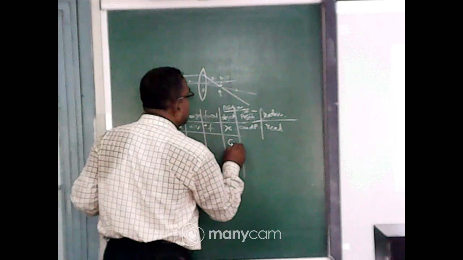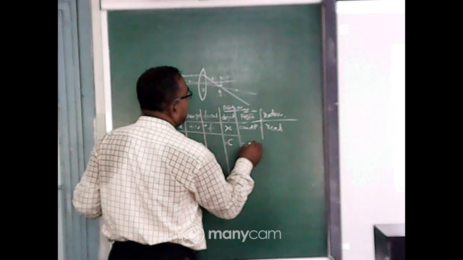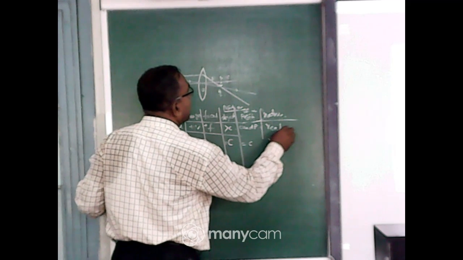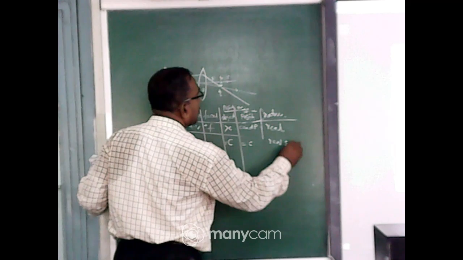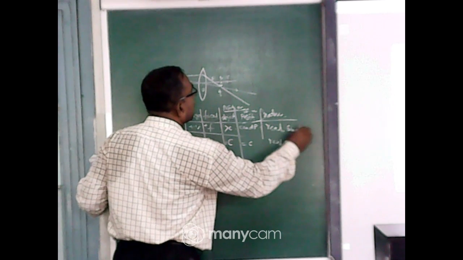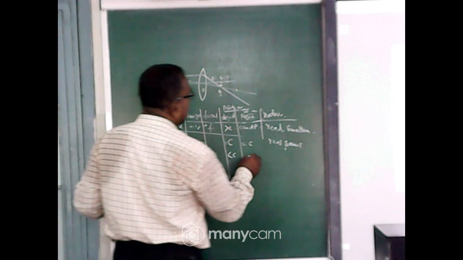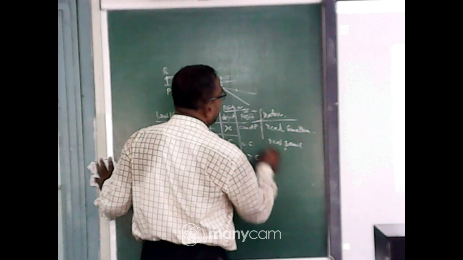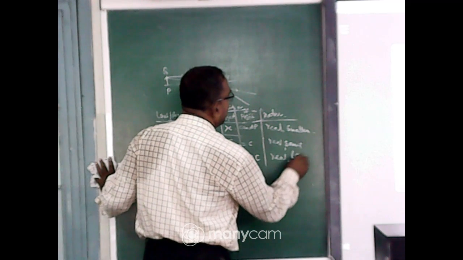If it is on the C, it will be on C, real and same side. Smaller in size. Less than C, that will be greater than C, real but larger in size.